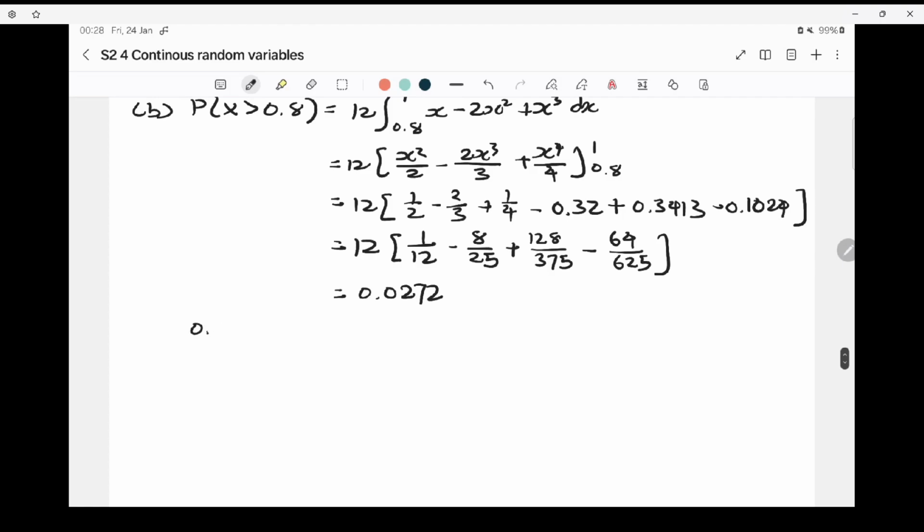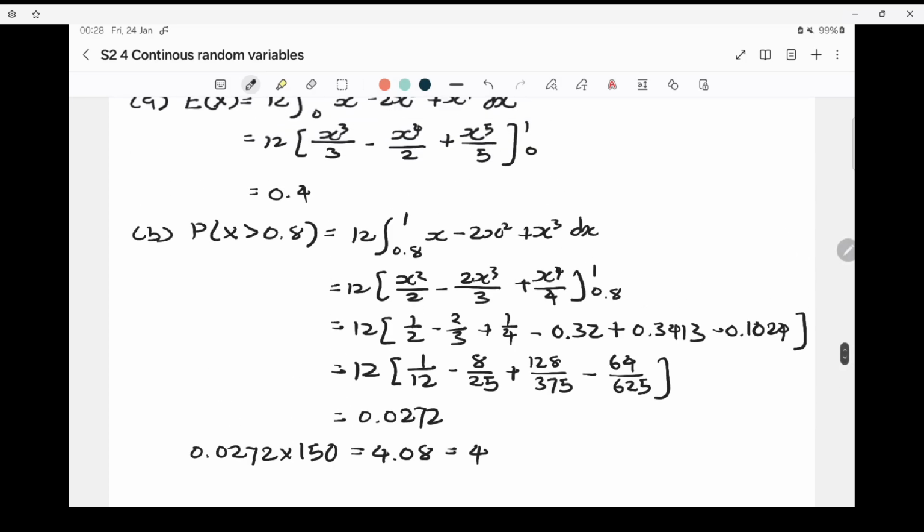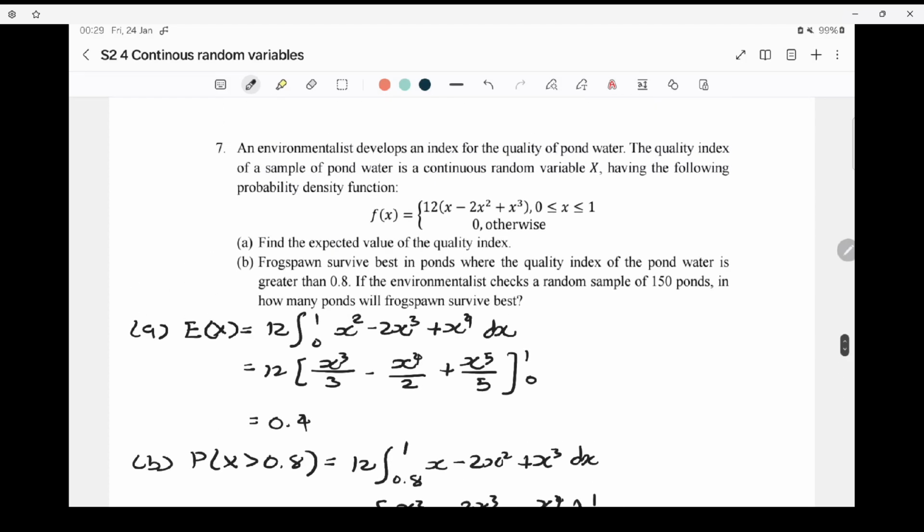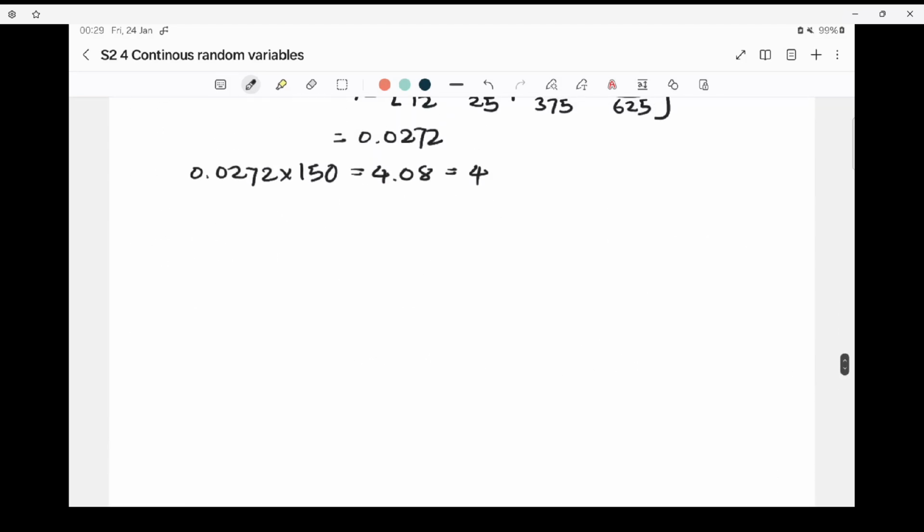So 0.0272 times 150. This will be about 4.08. So you round it up to 4. Yep. So that is a solution.